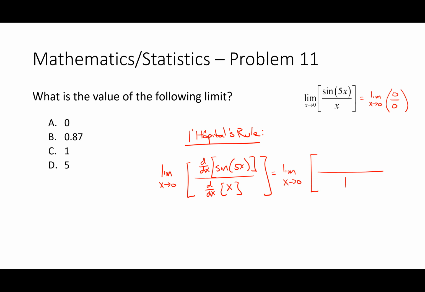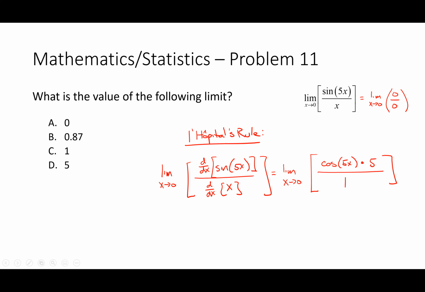What about the top? Well, we're going to have to do the chain rule here because we've got the derivative of the outside, so it's the sine of a pile of junk, right? So what is the derivative of that? Well, it's the cosine times the derivative of that pile of junk. So the cosine of 5x times 5, because that's the derivative of the inside.